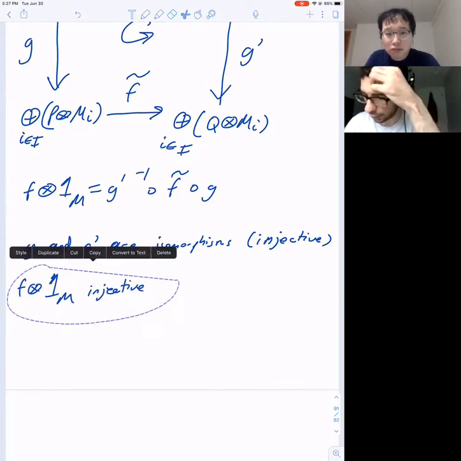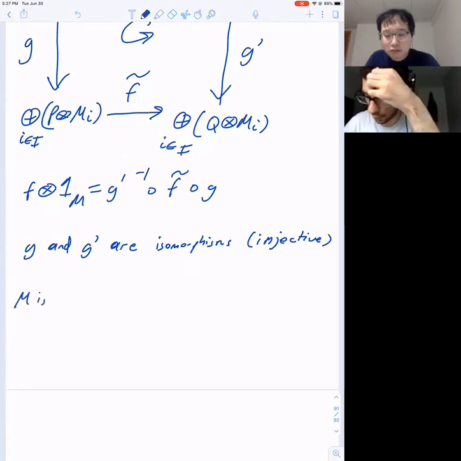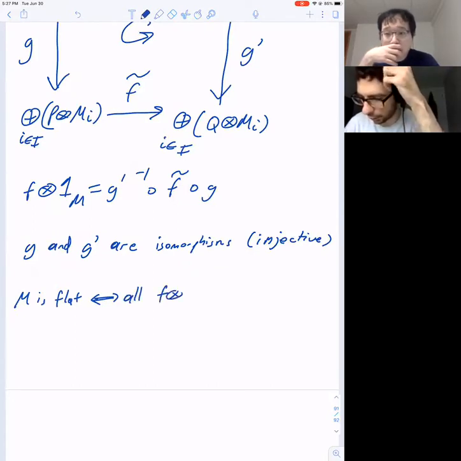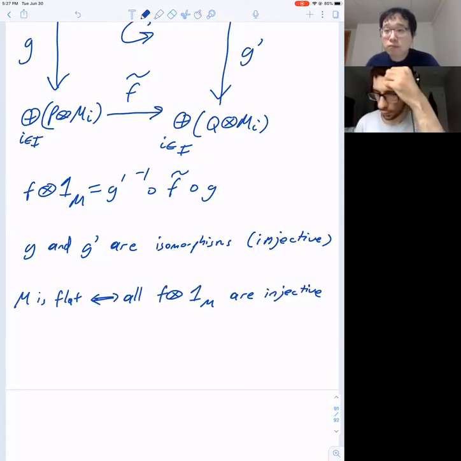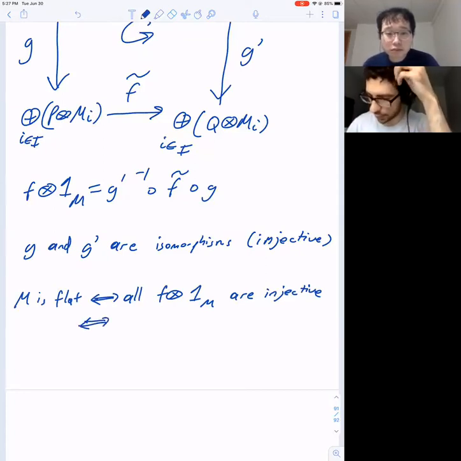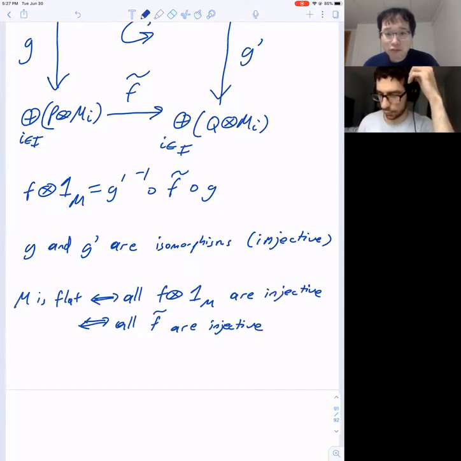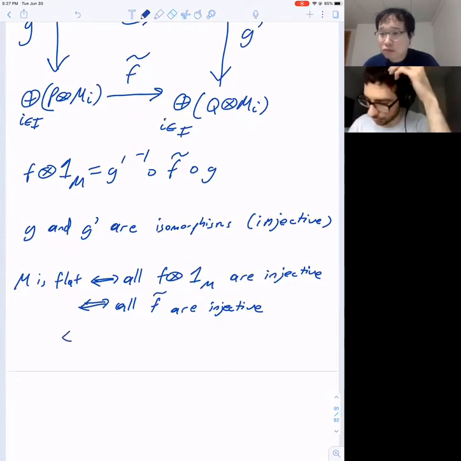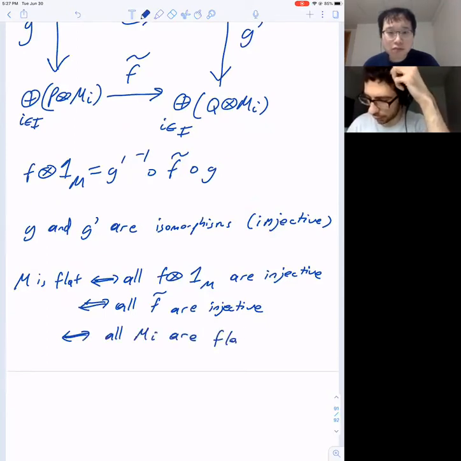Let's start over. I'll say that M is flat if and only if all these maps of the form F tensor 1M are injective. But that's the same exact thing as saying all of these F tilde are injective. But remember how we said before that that means that all the Mi are flat.